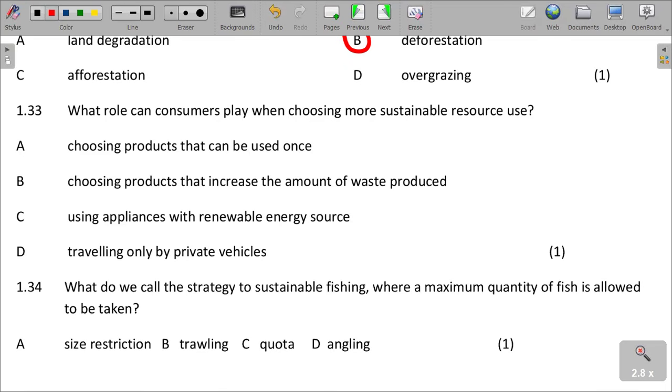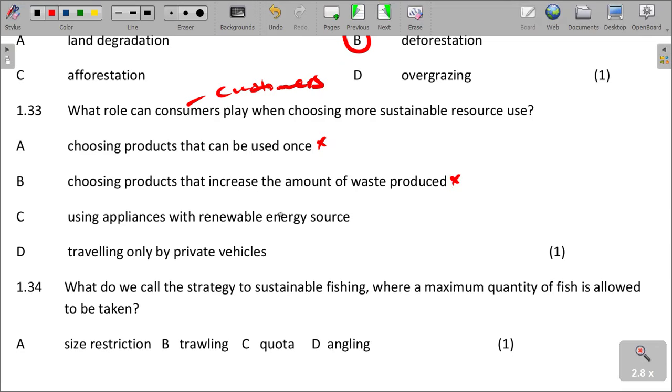What role can consumers play when choosing more sustainable resource use? Consumers can also be called customers. What role can they play when choosing more sustainable resource use? One, choosing products that can be used once increases the amount of waste produced. We cannot cause an increase in waste, because it causes environmental degradation.